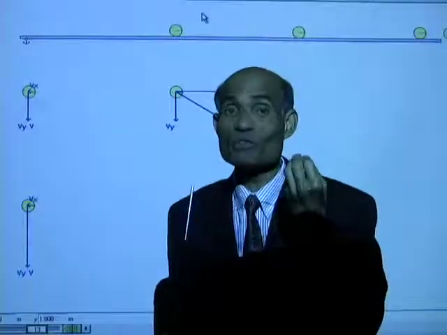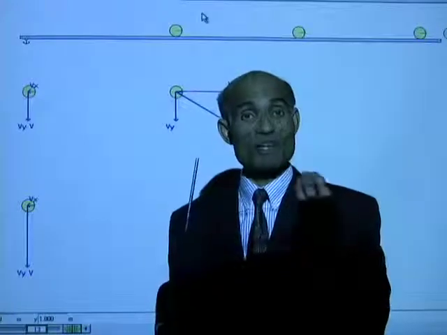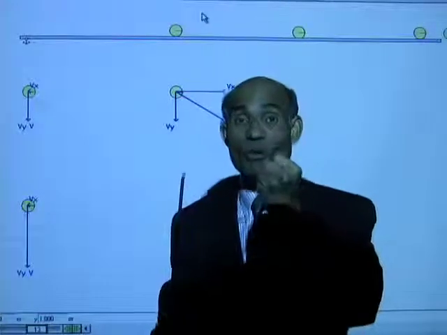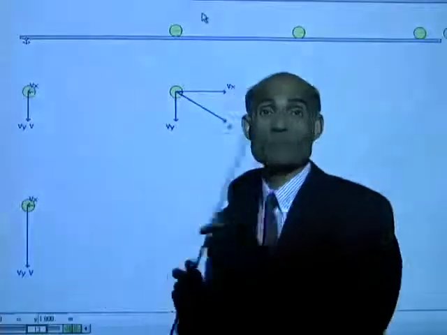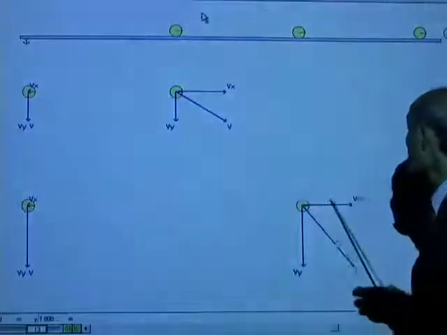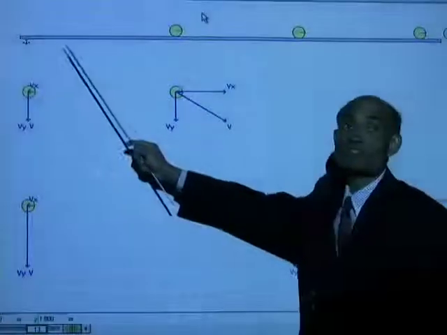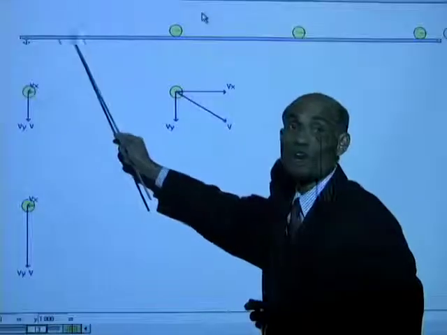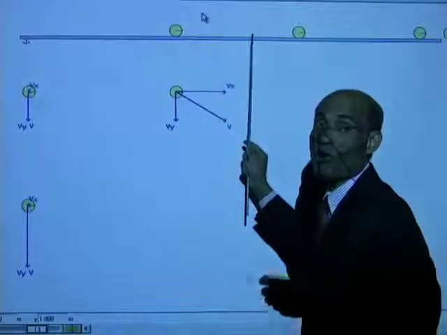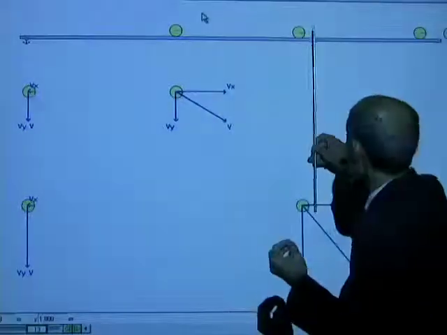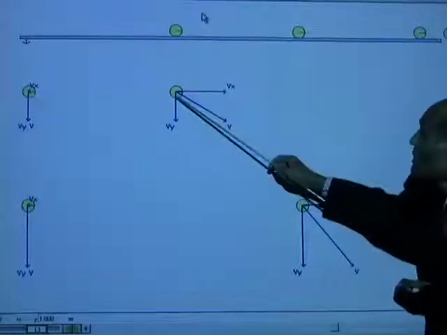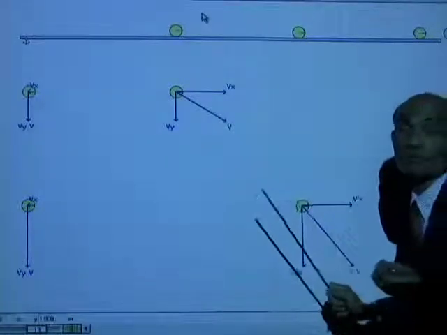In order for the velocity to change, there must be some force. Since there is no force in the x direction, the x velocity will remain the same. And that's the reason why the motion of the ball on the platform that has the same x velocity is exactly the same as the motion of the projected ball.